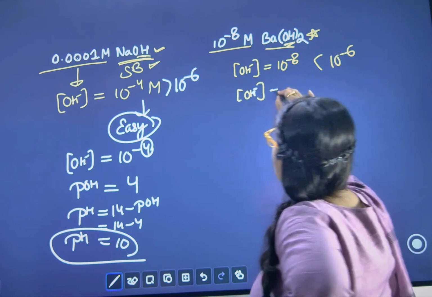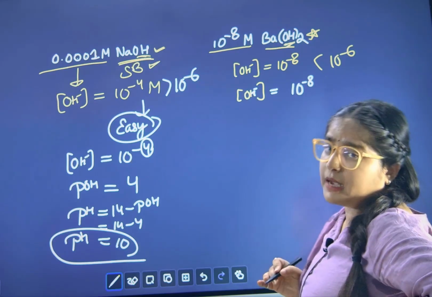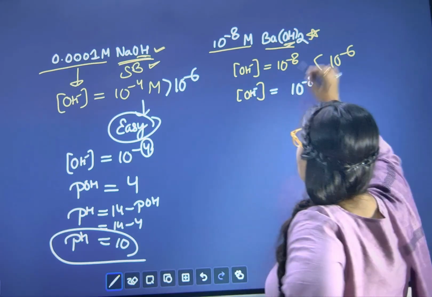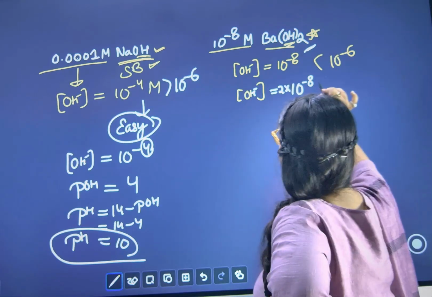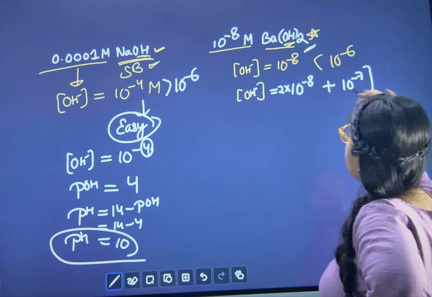How will we solve it? Simply, we don't have to take much stress. We will just add here 10 to the power minus 7. But before adding, we will multiply by 2. Why? Because 2 OH ions from the base. So we will get 2 into 10 to the power minus 8 plus 10 to the power minus 7.